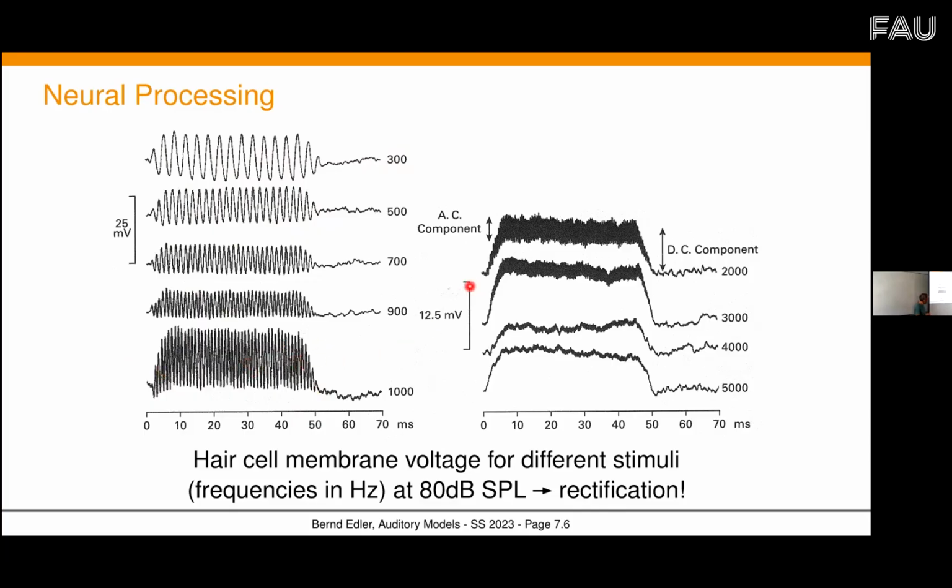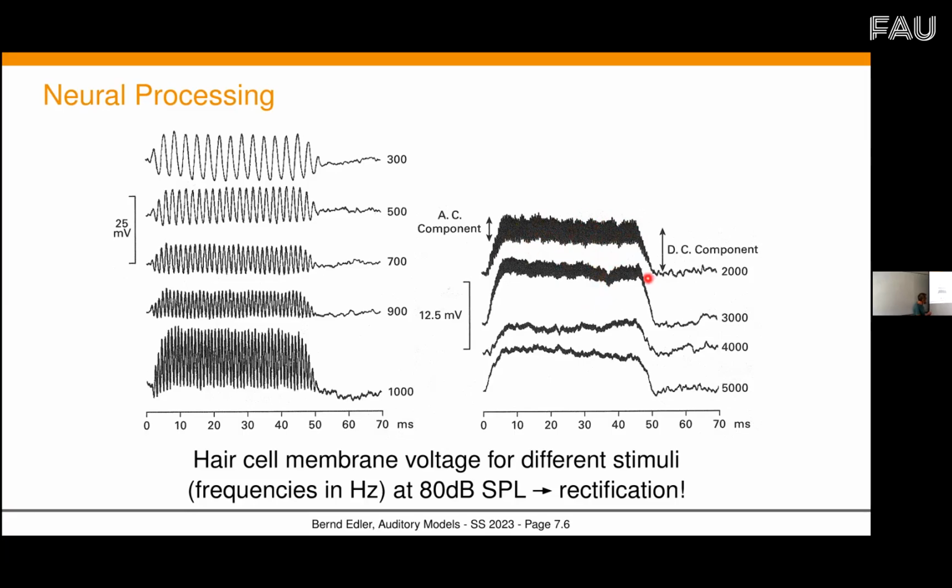And if the frequency is increased further, we see that at 2 kilohertz there's more constant, like a DC component, which would correspond to the envelope of the sound rather than the actual vibration. But still there is quite some vibration visible, some part of the vibration of the actual frequency.